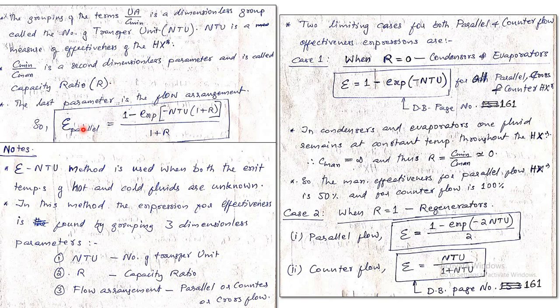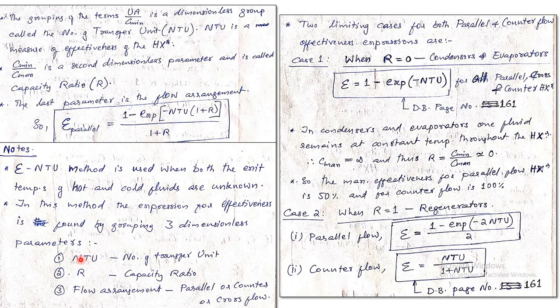So you can rewrite the effectiveness equation for parallel flow, which is equal to 1 minus exponential of minus NTU (1 plus R) divided by 1 plus R. Okay, so from this expression we can say that in the effectiveness NTU method, the expression for effectiveness is found by grouping three dimensionless parameters.